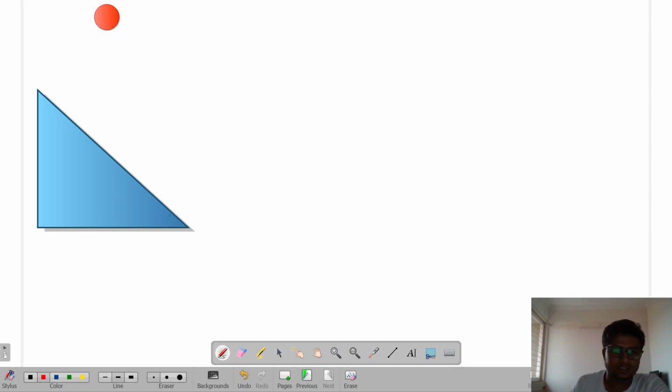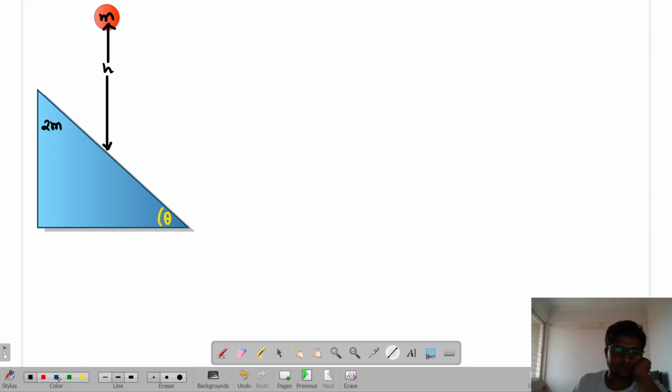Now, this angle is given as theta. This block has mass 2m, while the ball has mass m. It is dropped from a certain height h over here. Got it? The question is very simple.